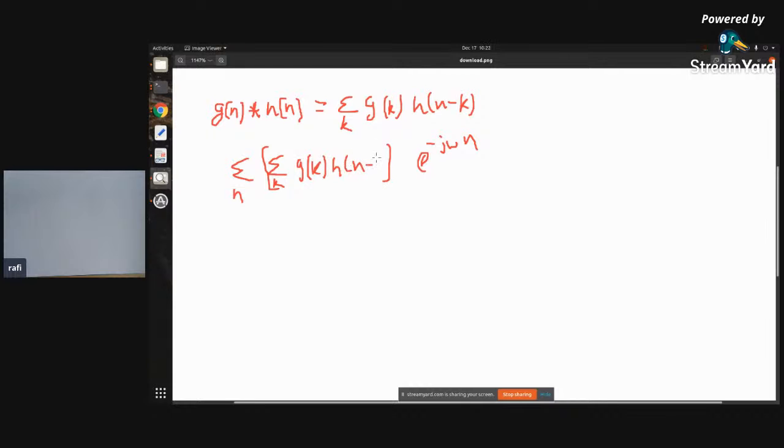Now you take the summation over k and g of k outside, and inside you take h of n minus k, since h is a function of n, and e power minus j omega n. What is this one?